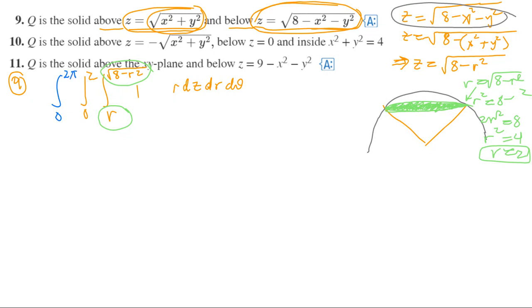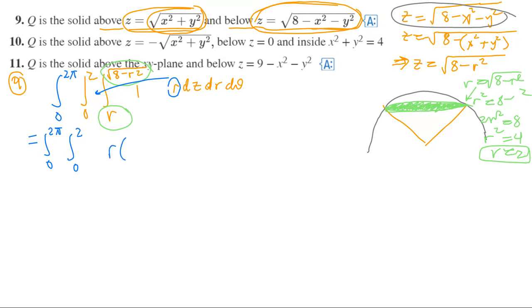And now let us evaluate this integral. r, we don't need it, so r is outside. The antiderivative of 1 is z. You replace z with radical 8 minus r squared, and once you replace it with r.